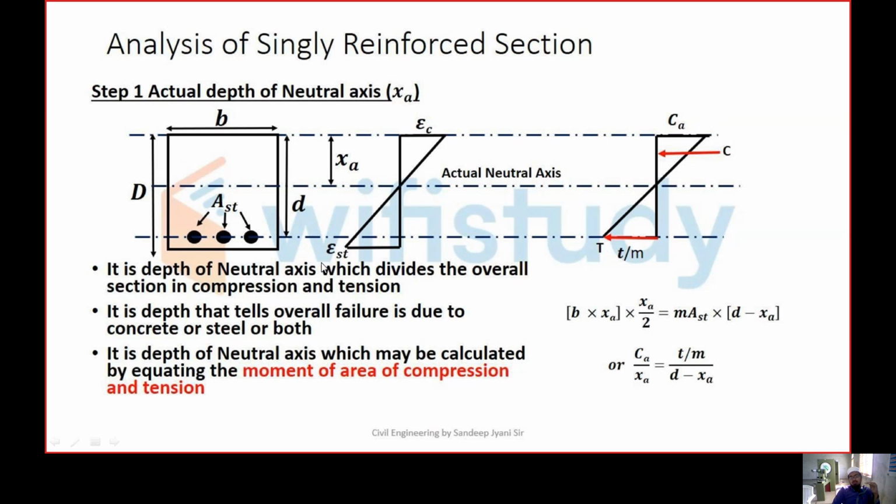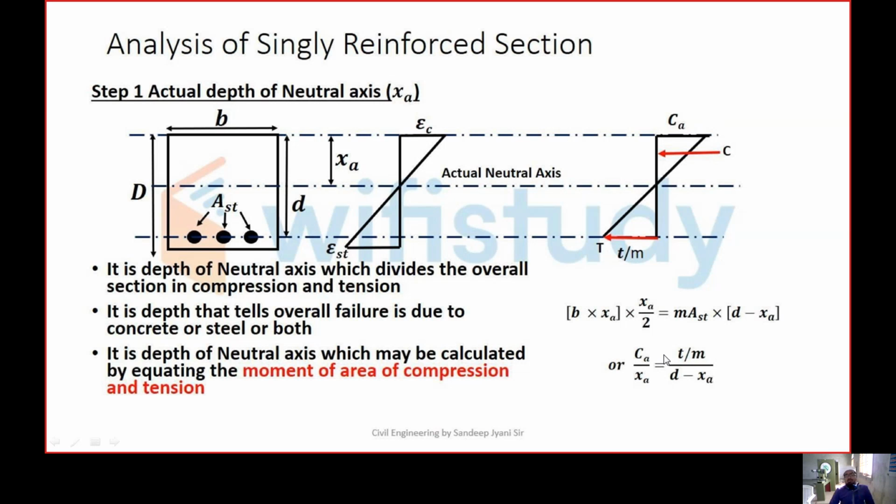So below the neutral axis also we have to formulate in concrete terms only. So in terms of concrete, AC becomes M AST, multiplied by the depth, which is D minus XA. That means from the total effective depth, the XA portion is removed, giving the remaining portion of the effective depth, that is D minus XA.